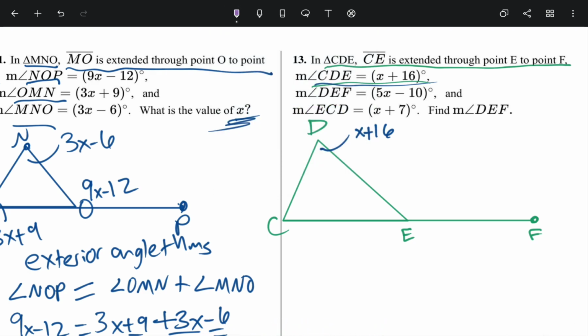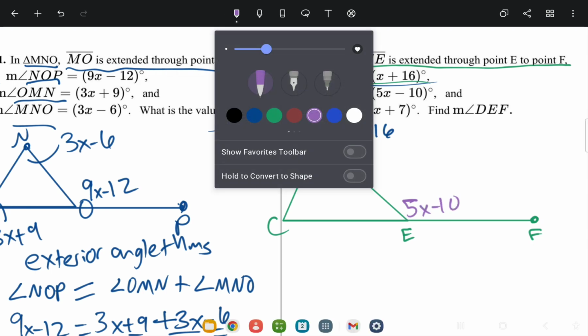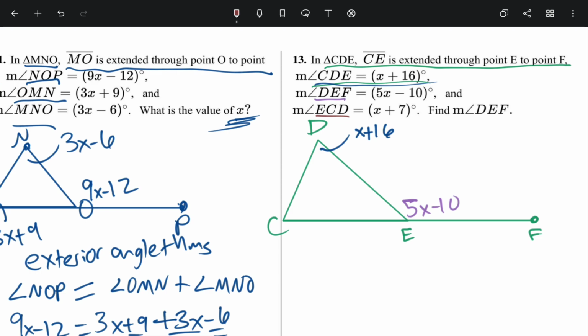DEF is right here. And ECD is this one right here, x plus 7. And we ultimately want to find the measure of DEF. So I see an exterior angle, so we're going to use the exterior angle theorems.